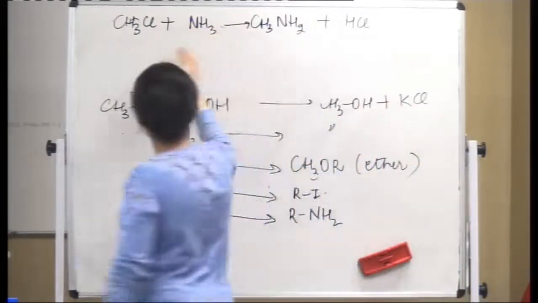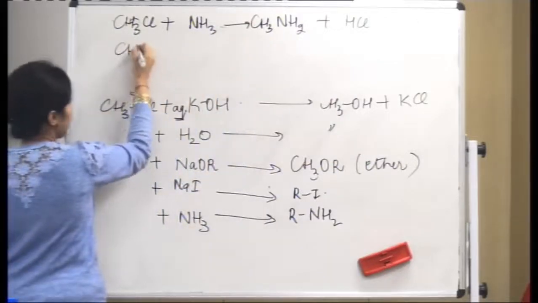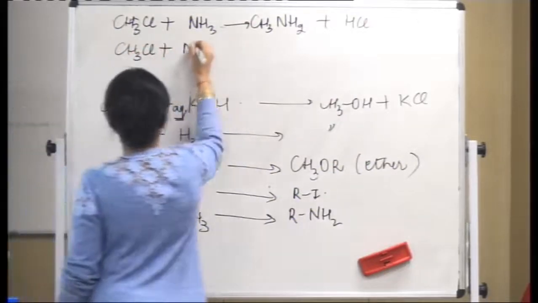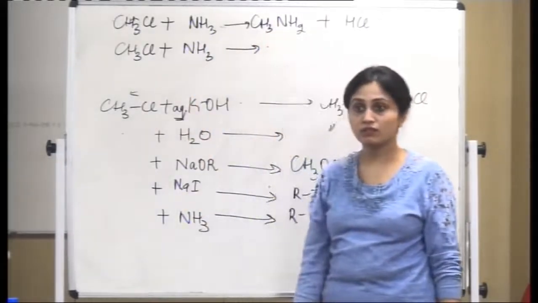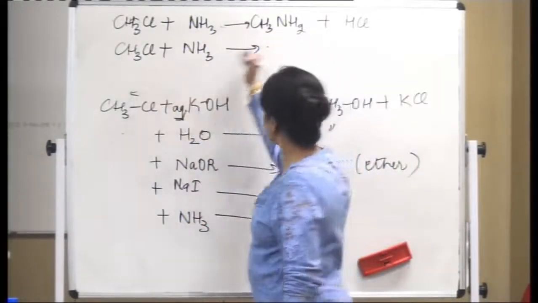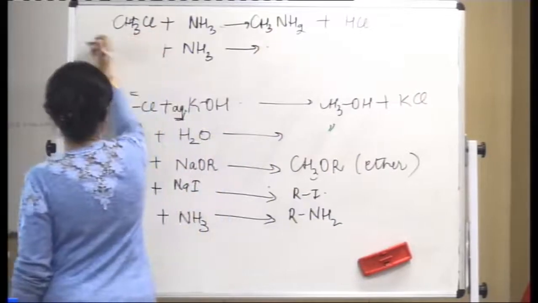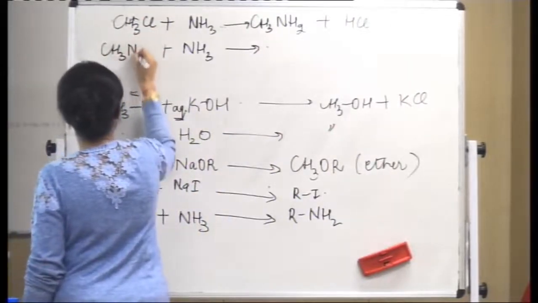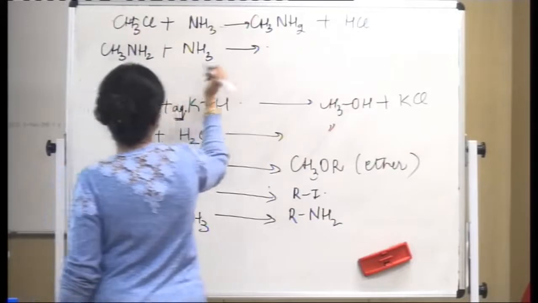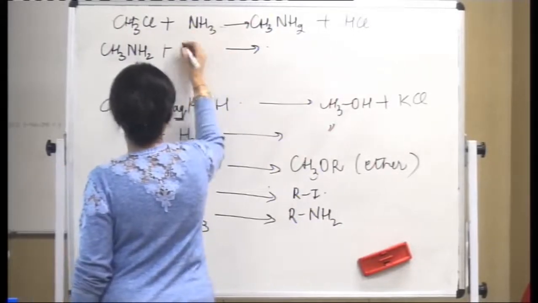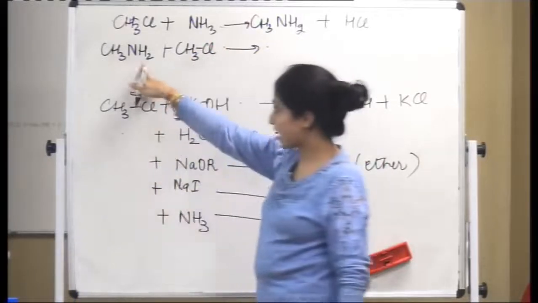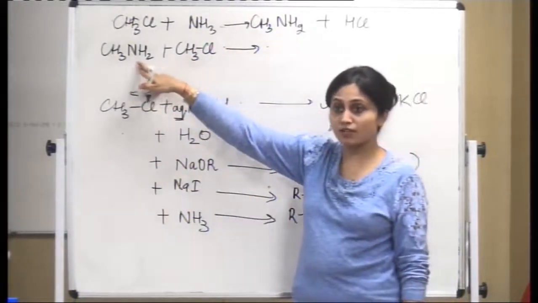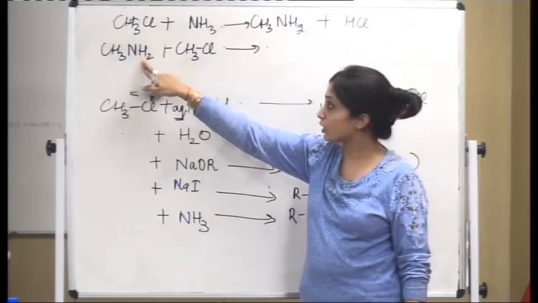Now again, into this I can keep on adding NH3 to it. Again HCl can get eliminated, and sorry, I can have CH3NH2, the primary amine itself. I can add say RX, CH3Cl. This hydrogen is replaceable. So here what will I get?